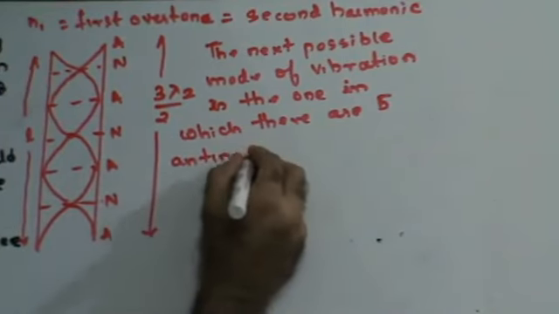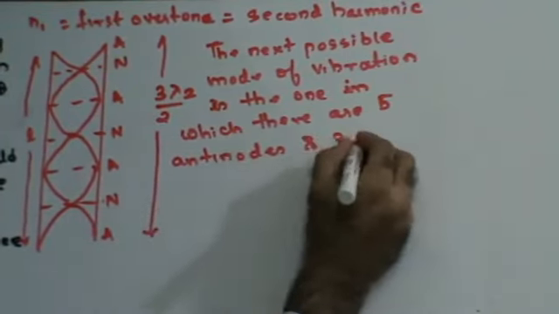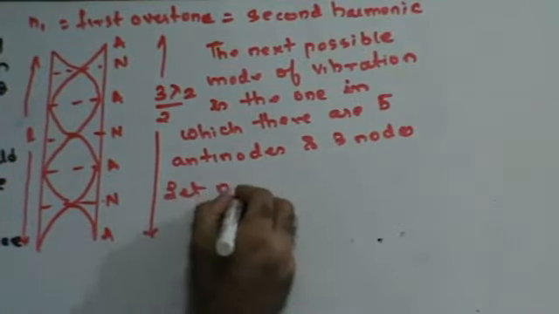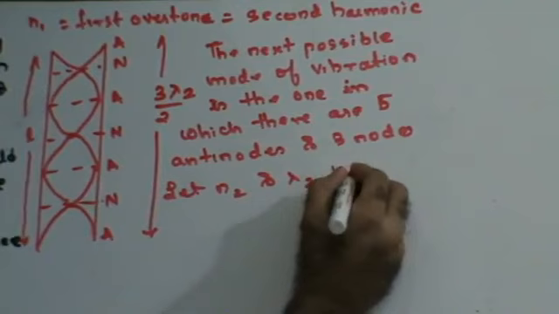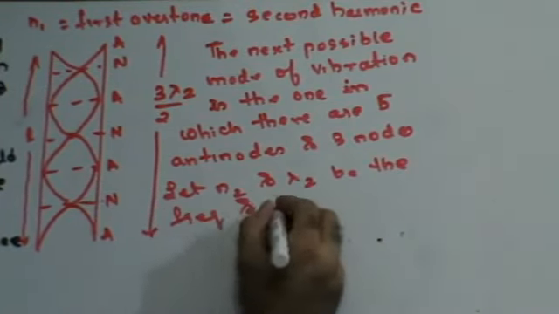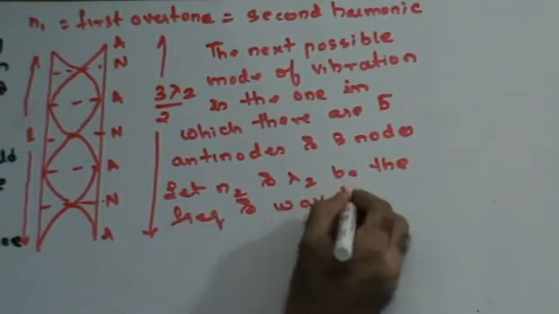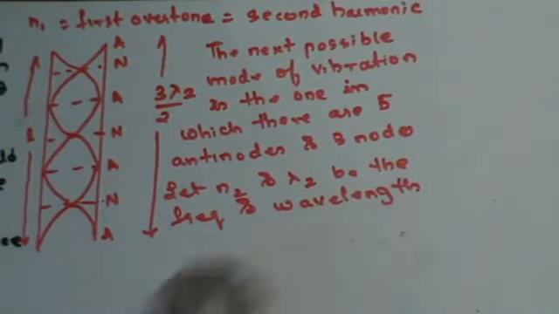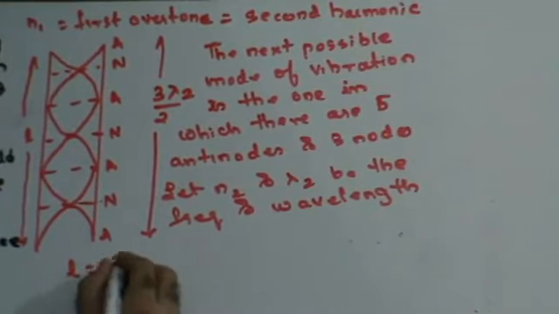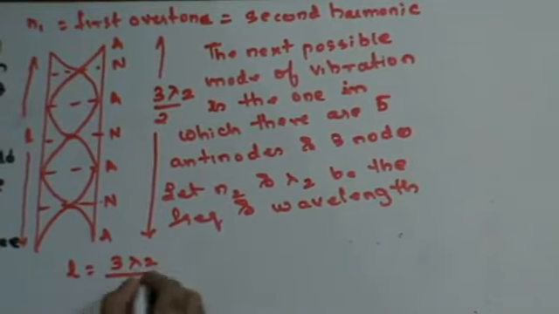Let us assume that n2 and lambda 2 are the frequency and wavelength. If n2 and lambda 2 are the frequency and wavelength, then in that case I can say that the entire length of the tube is divided into 3 lambda 2 by 2.